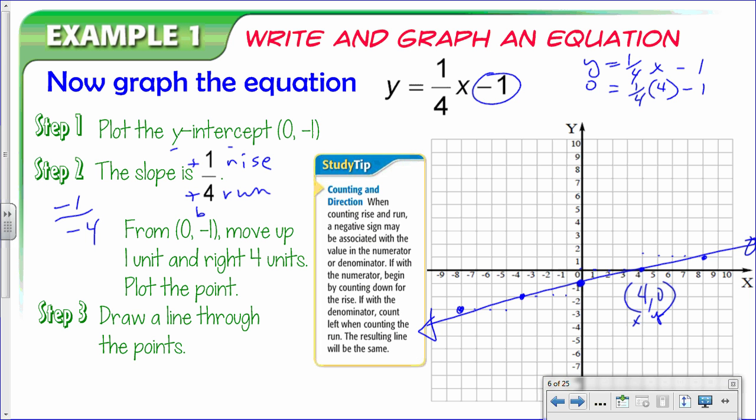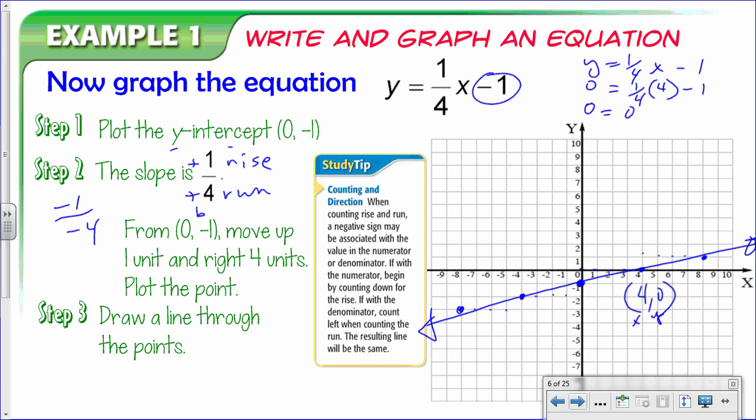If the left side does not equal the right side, what does that mean? That point right there should not lie on the line, right? You guys with me? So let's go ahead and finish it. 0. What's the fourth of 4? 1, minus 1 gives me 0. So that point lies on the line, doesn't it? You guys see what I'm saying?